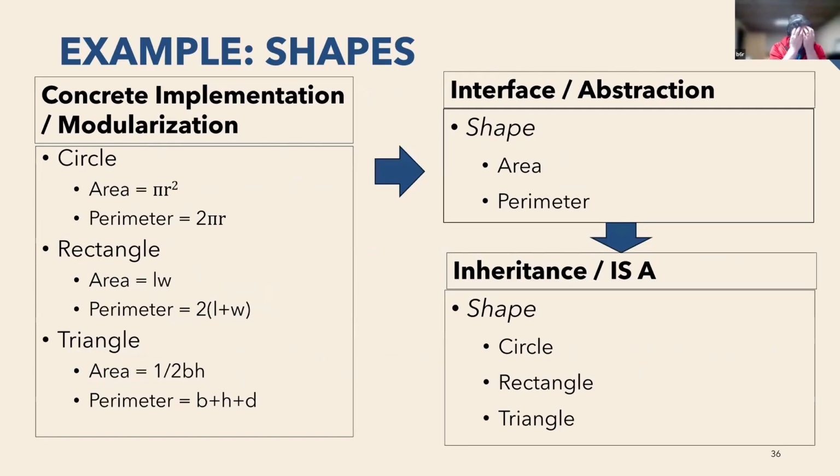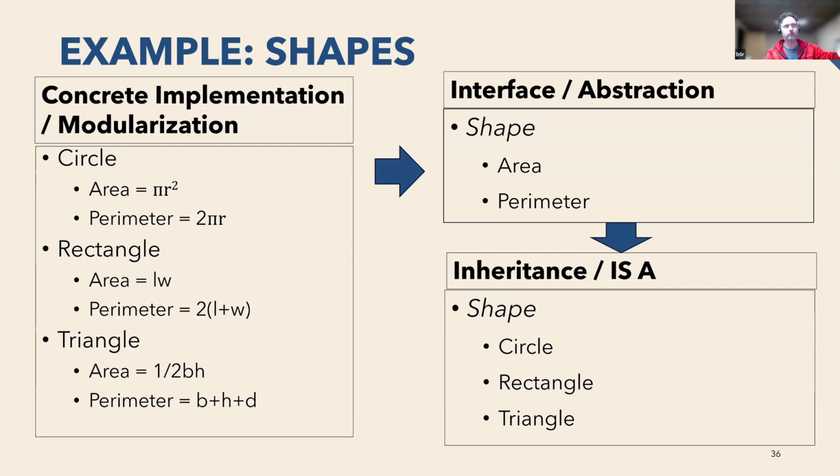So let's talk about abstraction here in more detail. This is an object-oriented version of abstraction. On the left here, we have modularized our different shapes: our circle, our rectangle, and our triangle. And all you're doing when you're abstracting is saying, wait, these circle, rectangle, and triangle are just shapes.